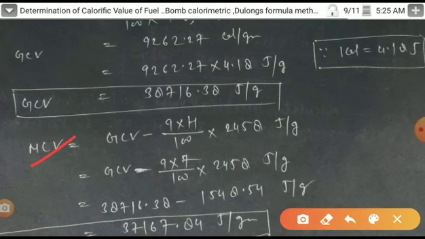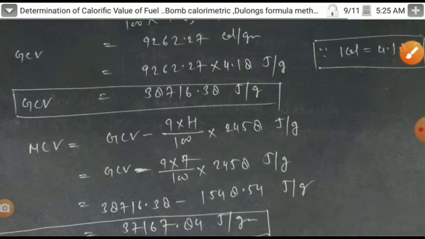Now after calculating the GCV, you can also calculate the NCV. Apply the formula: NCV is equal to GCV minus 9 into H, that means the hydrogen, divided by 100 into 2458 joule per gram. Put in all the values, like the GCV from here, and the percentage of hydrogen which is also given, and calculate.